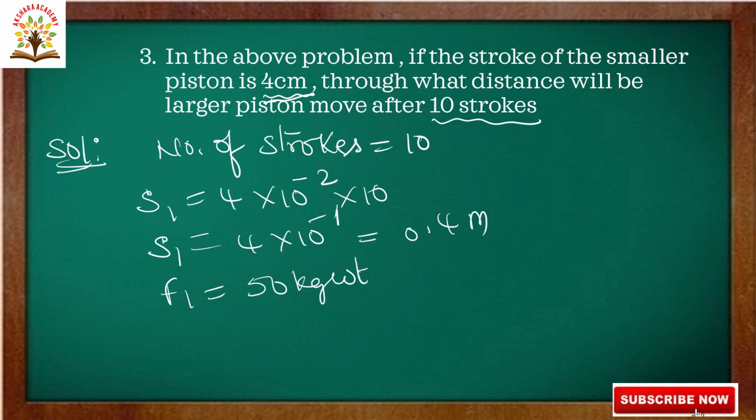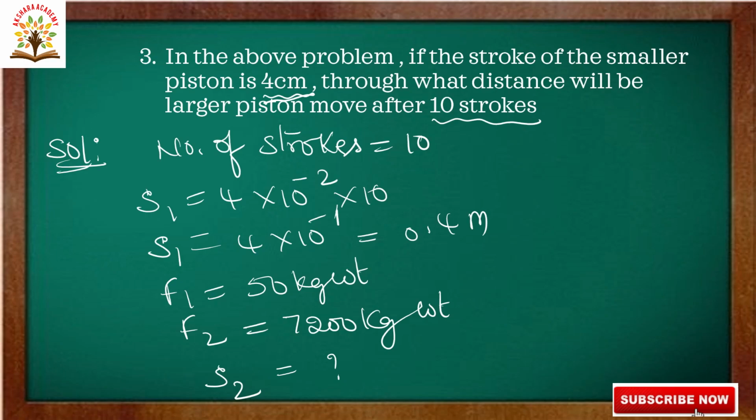From the previous problem we write F1 is equal to 50 kilogram weight, and F2 we calculated as 7200 kilogram weight, and S2 is, now we have to calculate at what distance the larger piston will move after 10 strokes. S2 is equal to question mark, here W is constant.